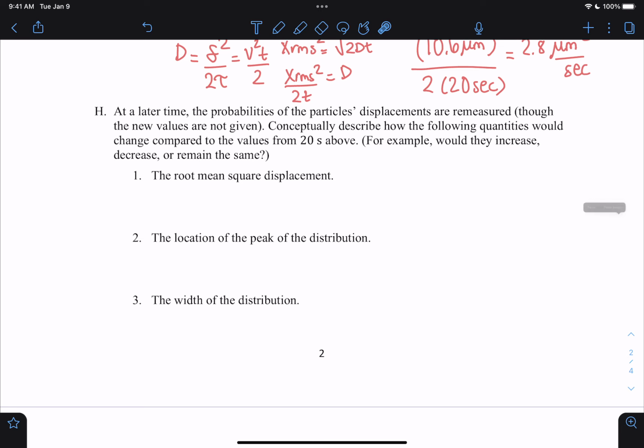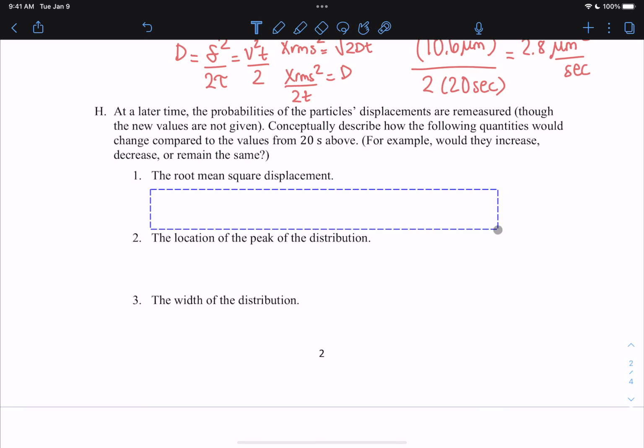Yep, go ahead. Yep. So root mean square displacement will increase with time, and if you wanted to, you can also relate it to the equation, right?